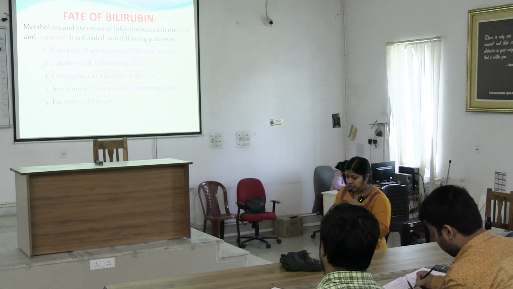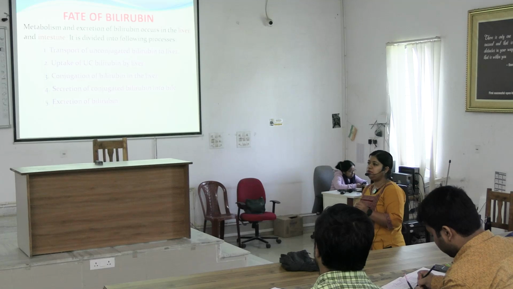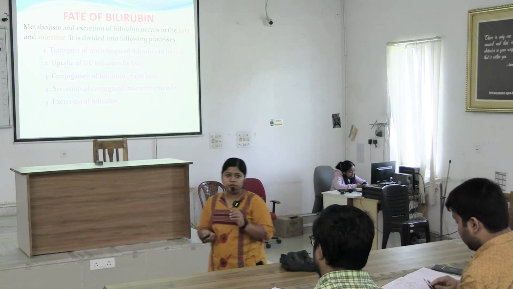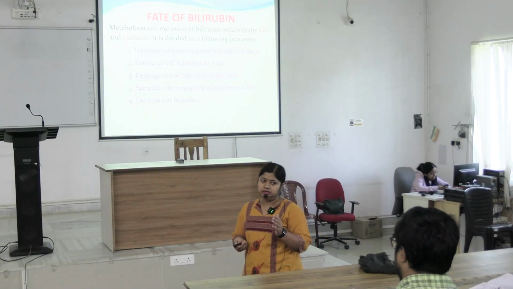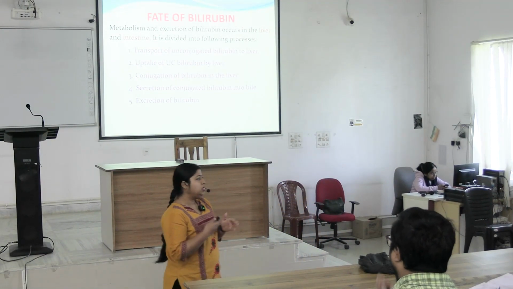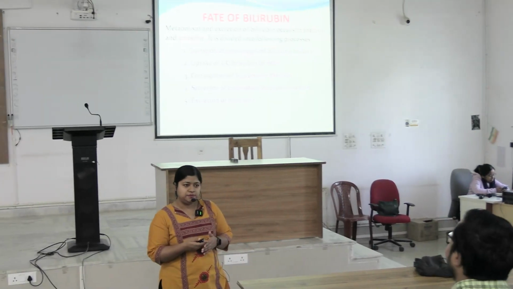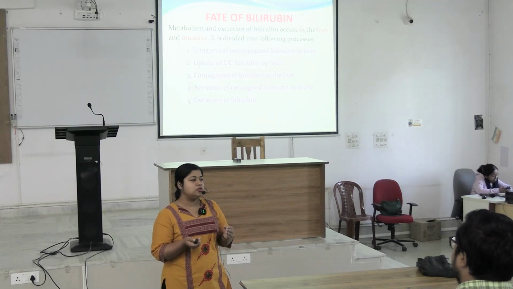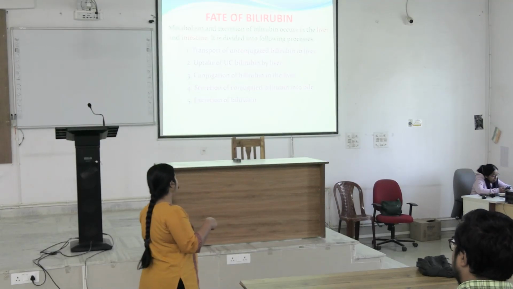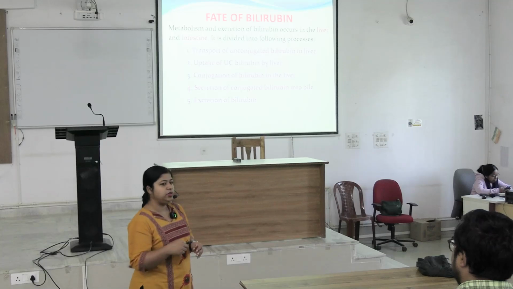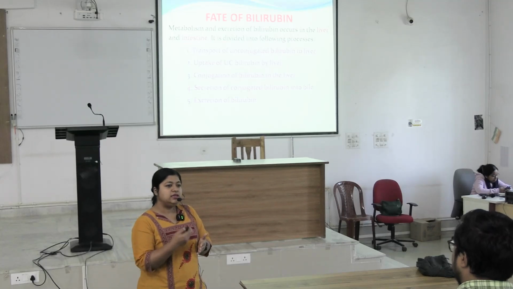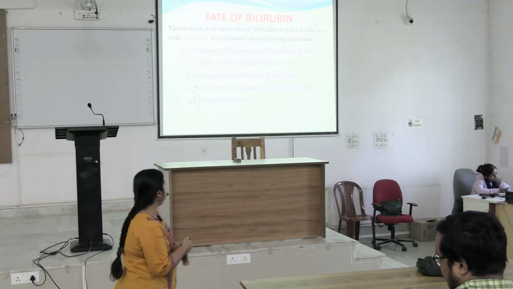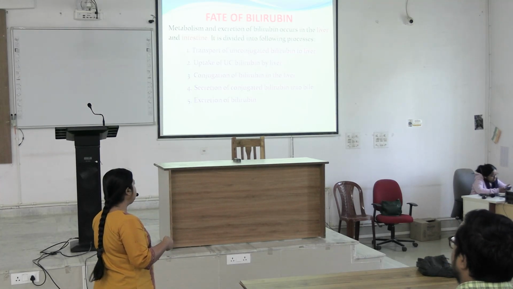Immediately after formation, bilirubin is lipid soluble and water insoluble, hydrophobic and lipophilic. So it cannot mix with the blood, as blood is mostly water. So for the transportation of unconjugated bilirubin, the bilirubin that is recently formed and without any conjugation, it will be transported to the liver.